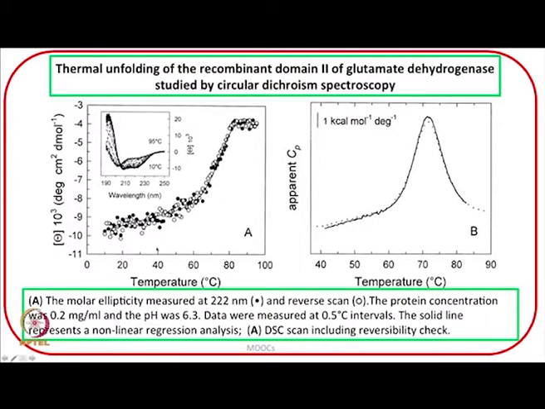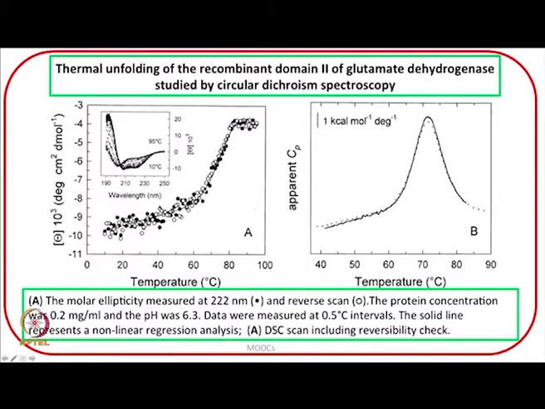In this particular figure, the black dot and white dot correspond to thermal heating and checking of the reversibility of the unfolding process. Obviously, in this particular case, since the black circles and the white circles are overlapping, this demonstrates that there is a good reversibility of the unfolding in case of the recombinant domain 2 of glutamate dehydrogenase.